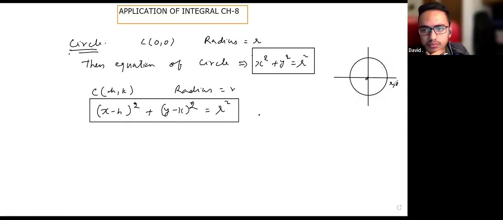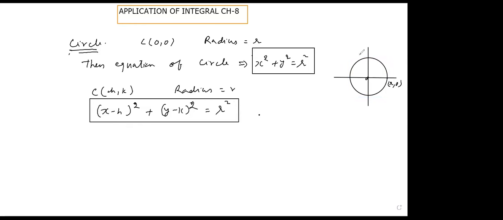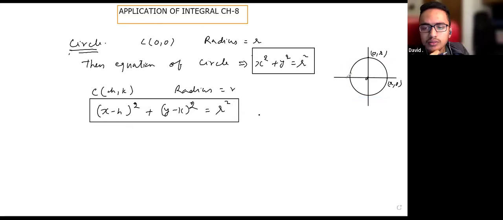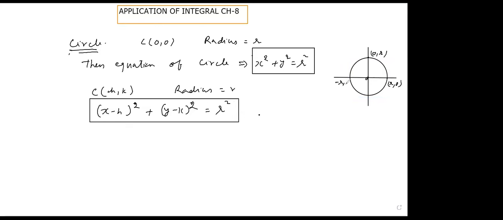So this point will be (r, 0), this point will be (0, r), this point will be (negative r, 0), and this is (0, negative r).